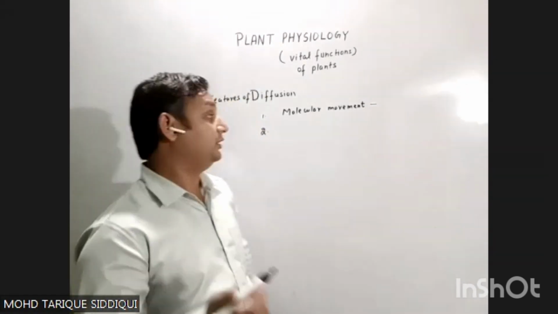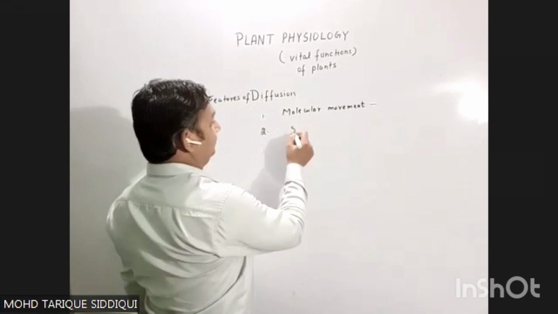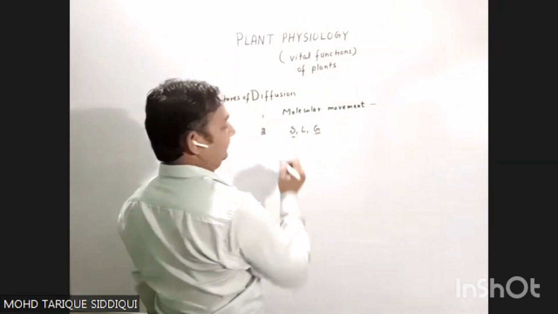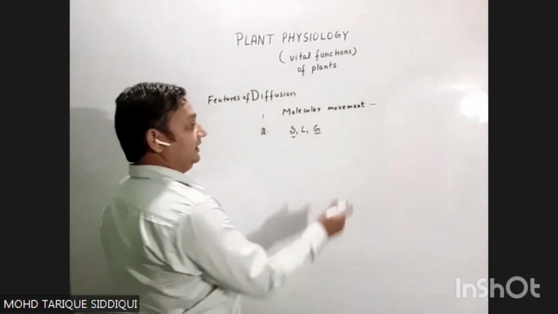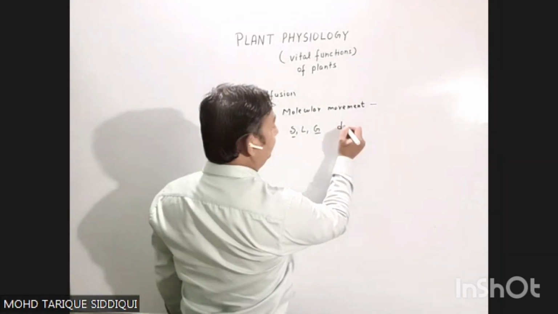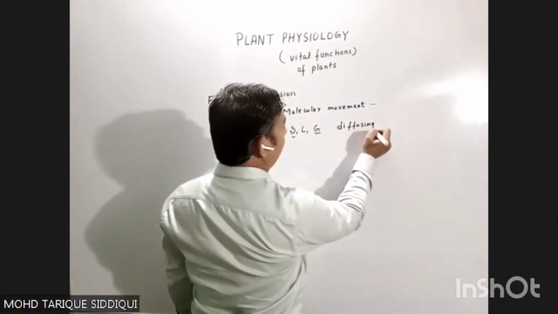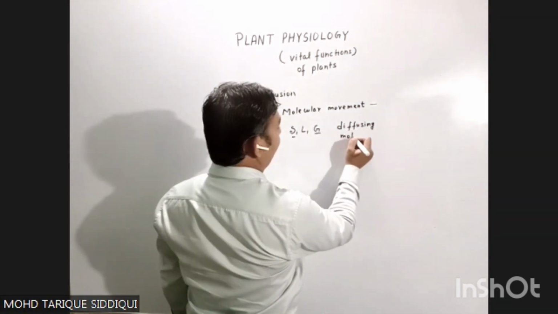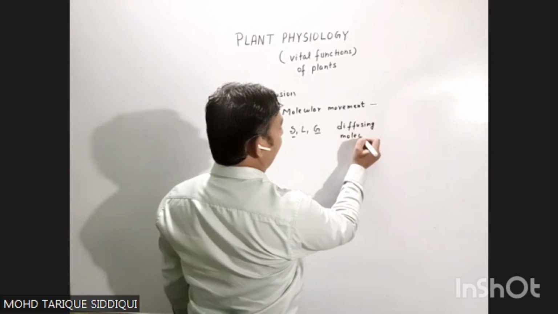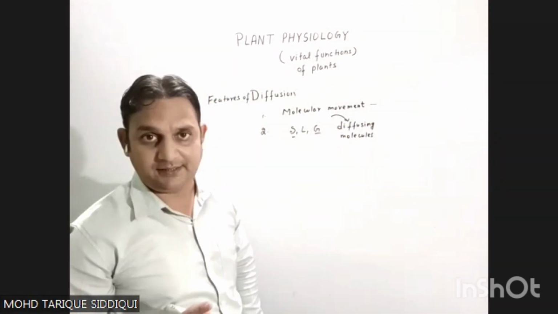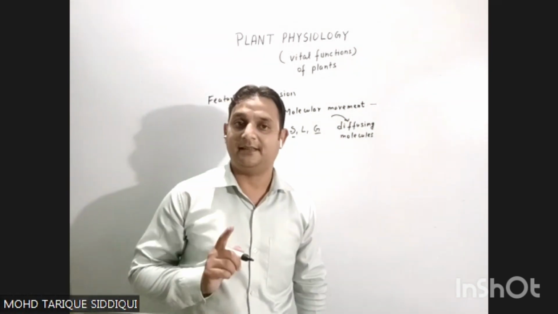Number two, diffusion occurs in solid, liquid, and gases. So the diffusing molecules may be solid, liquid, as well as gases.